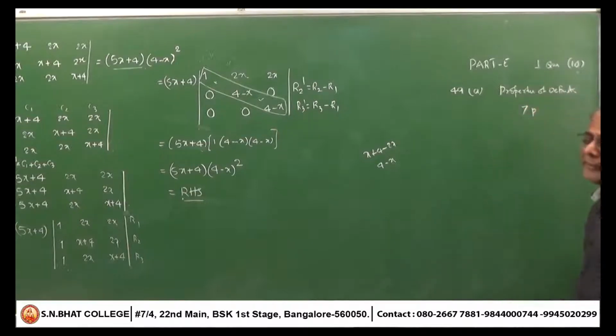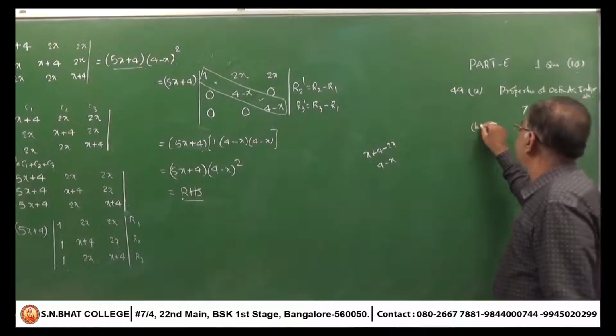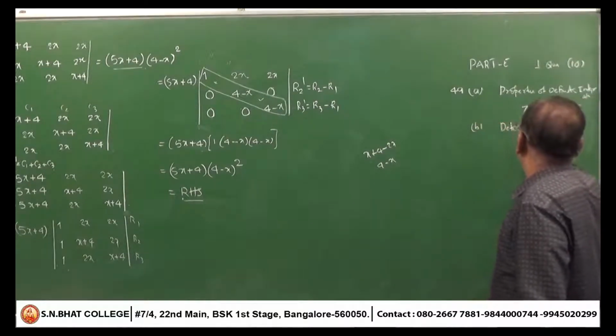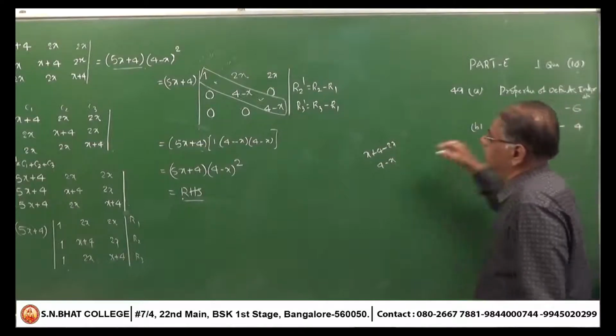One property they will ask to prove for 3 marks, and based on that property, a 3 marks problem, 6 marks in total. B is a determinant problem, a 4 marks question, of the type I have done so far.